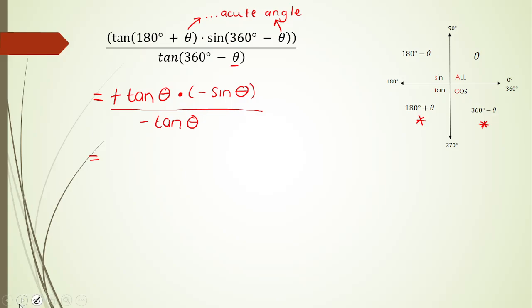What people fail to understand here is that these ratios, remember tan is opposite over adjacent, sine is opposite over hypotenuse. That's why it's called a ratio, because it's a fraction. Its end conclusion is a fraction.